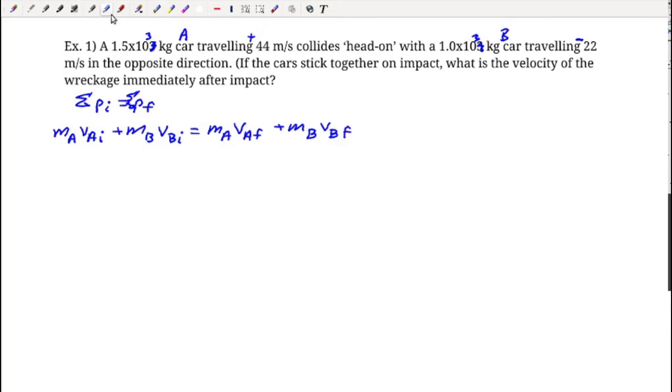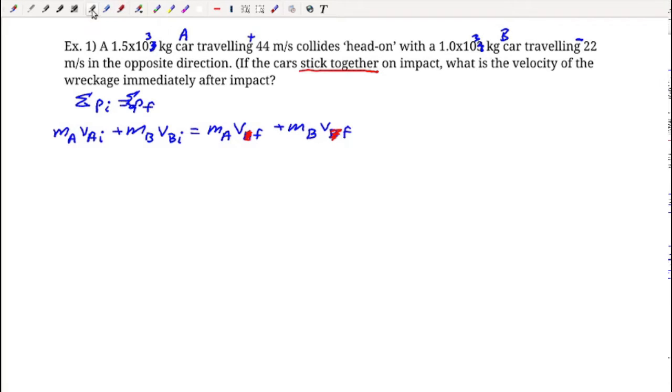And we also said, if it's a collision where they stick together, then they're going to be going at the same velocity afterwards. So we're going to get rid of this VA and VB, and these are just VFs in general.